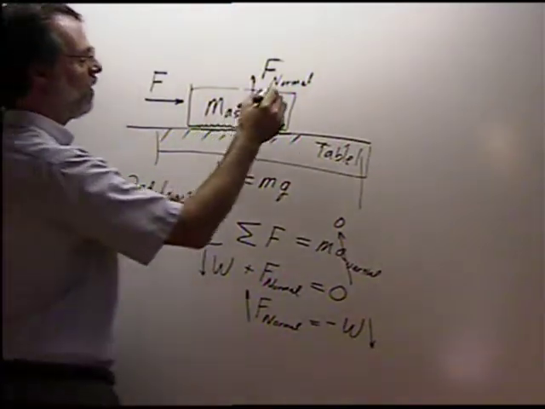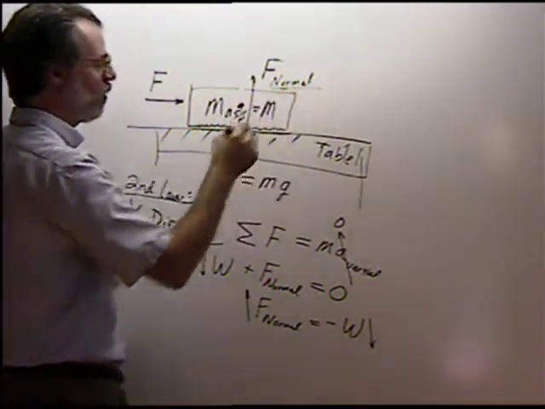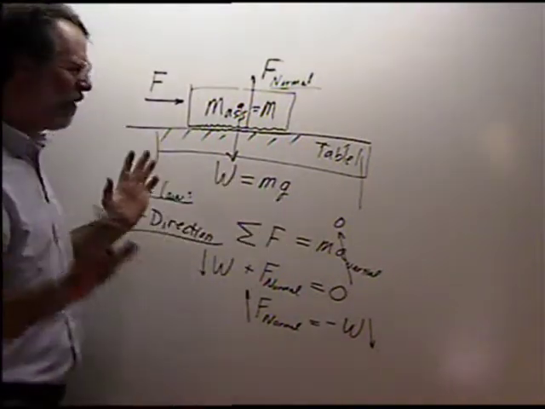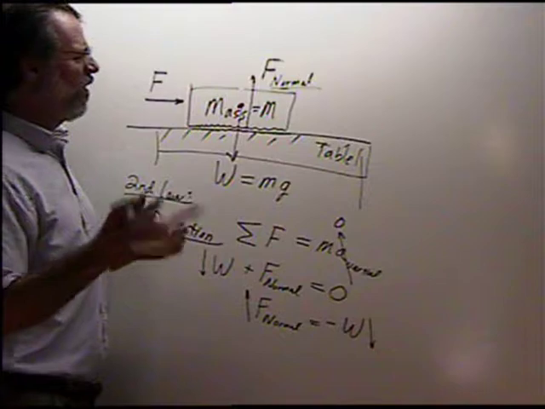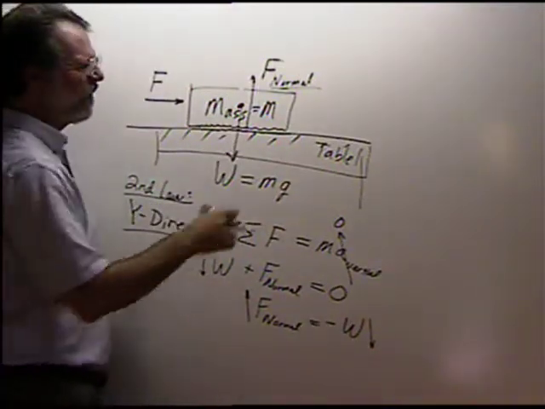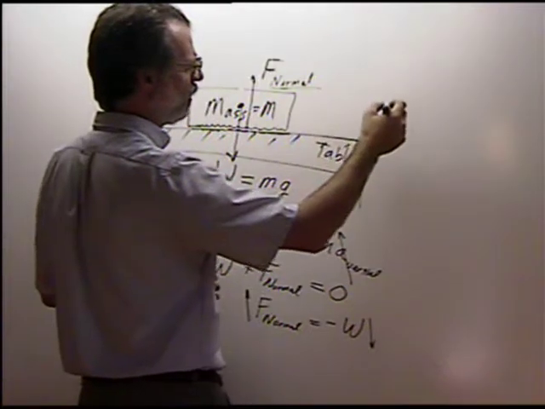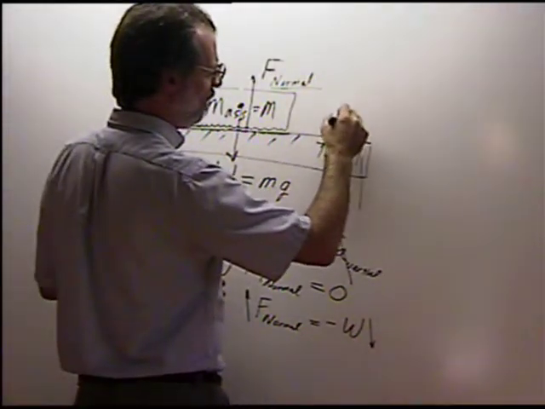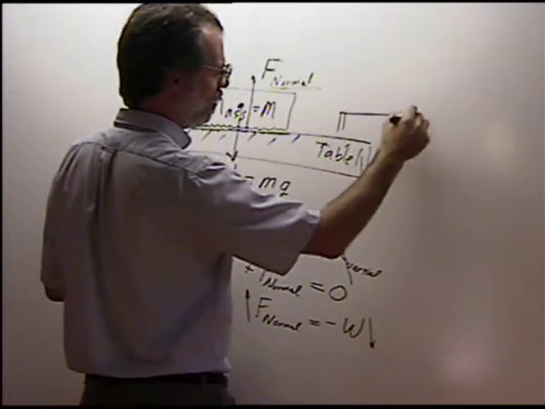Now, why do we call it normal? What do we mean by normal? Is it normal as opposed to abnormal? No, no. Physicists long ago used the word normal to mean perpendicular. So, for instance, in this example we have a table.